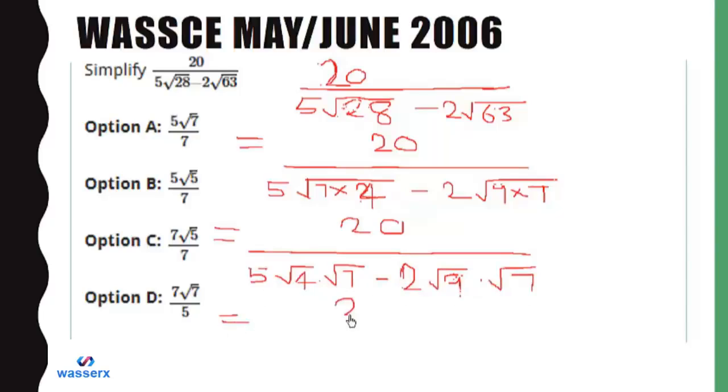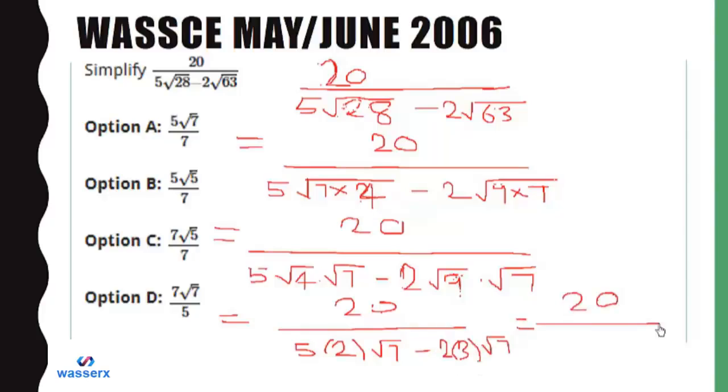Then we simplify further to obtain 20 over 5 times 2 root 7, then minus 2 times 3 root 7. Then we continue further to obtain 20 over 10 root 7 minus 6 root 7.